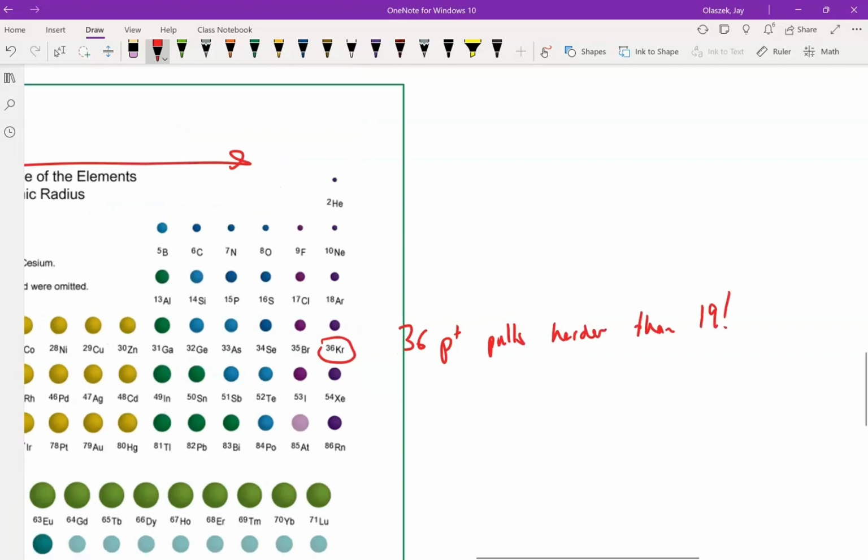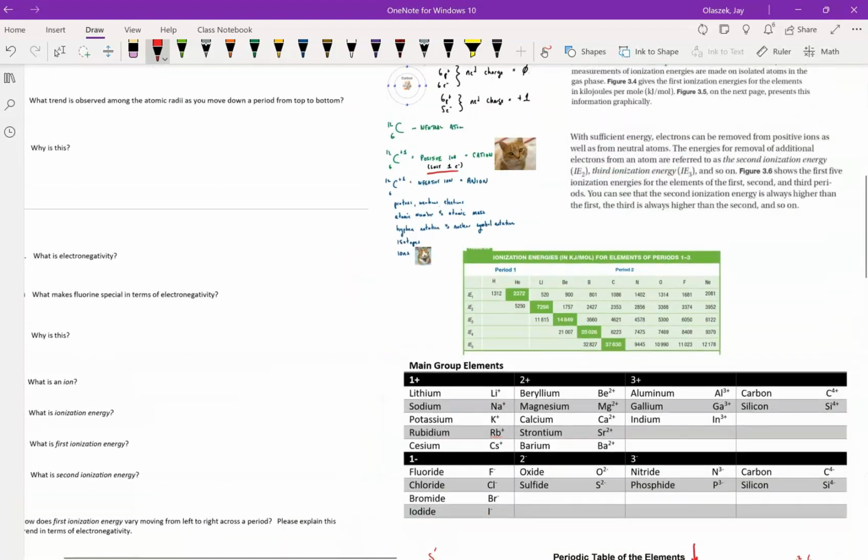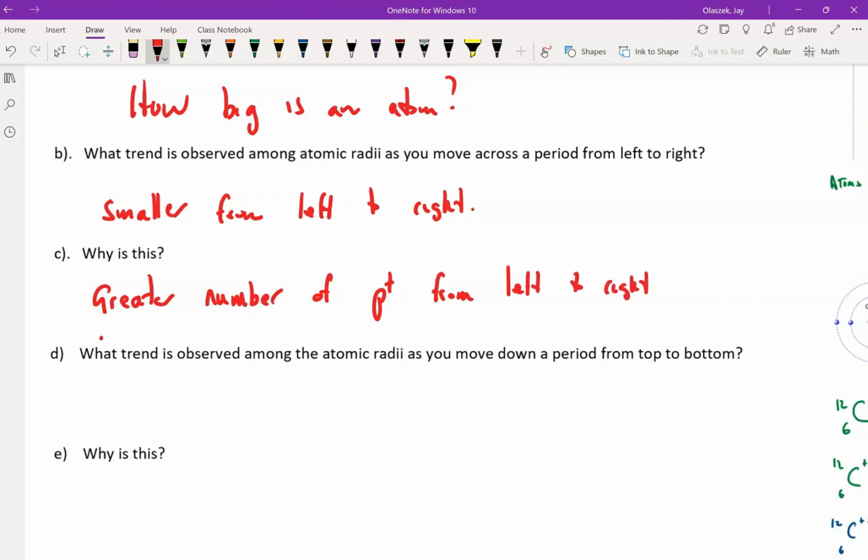That means it makes the atom shrink because a greater number of protons attract the electrons more. So we'll say the reason why the radius shrinks is because a greater number of protons from left to right makes the atoms get smaller.